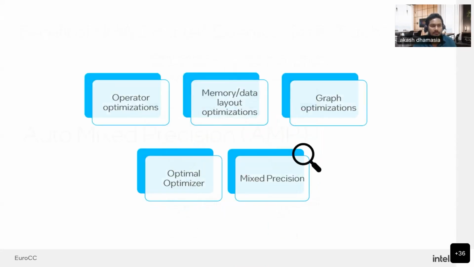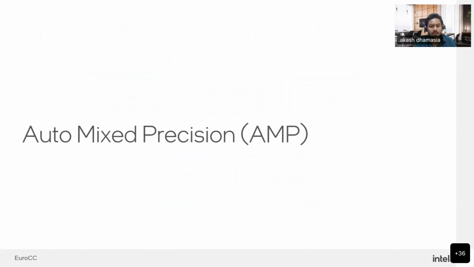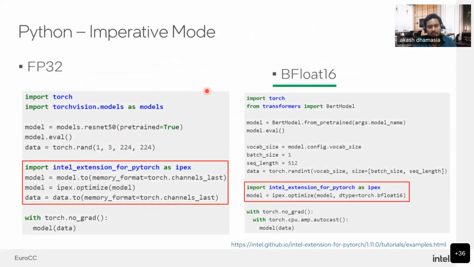Next is mixed precision. Like I said, with bfloat16, in IPEX you can change to a different data type and just pass this as a parameter in this function, and then you can use the bfloat16 data type for your applications.